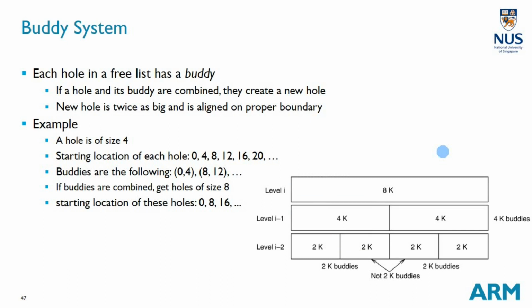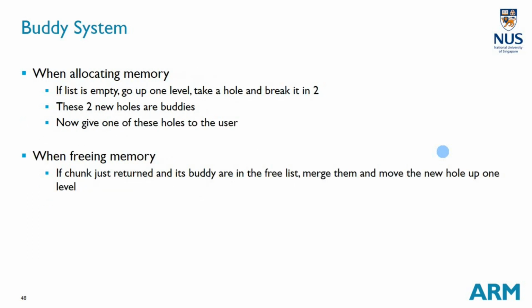This leads to another extension which is called the buddy system, where in a free list I have buddies based on the memory chunks that are next to me, and with these buddies I can split them up or I can compact them to create smaller or bigger chunks of memory. When I need to allocate memory, I go up one level, take a hole and break it in two, and these two holes are now buddies.